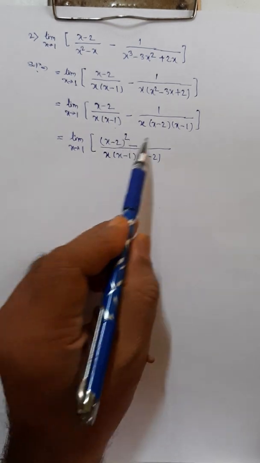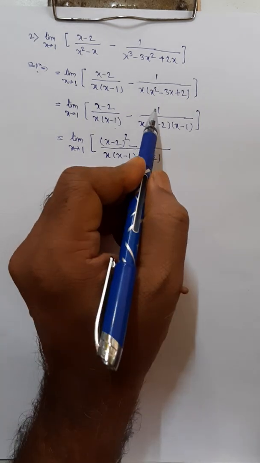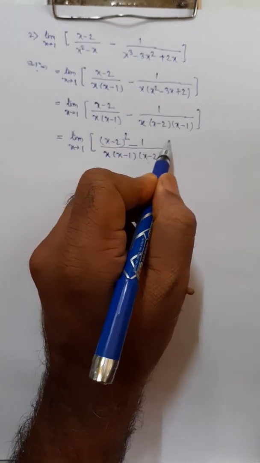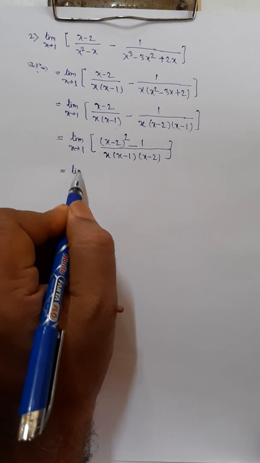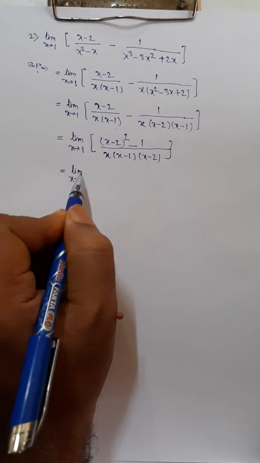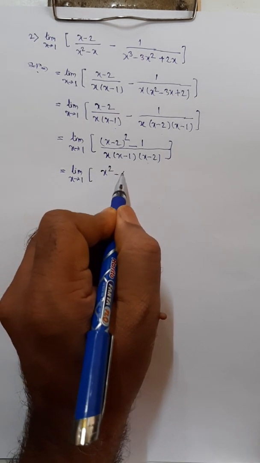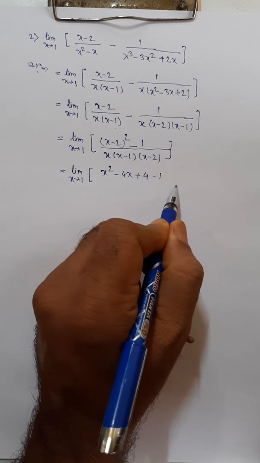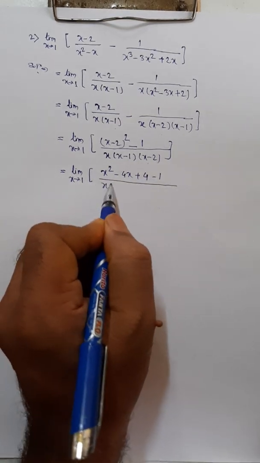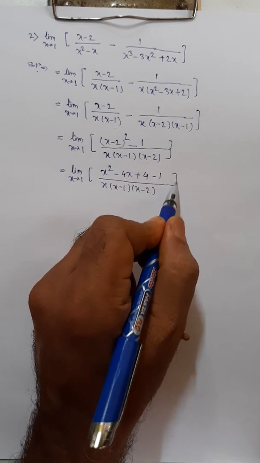See here, x cancels, x minus 2 cancels, x minus 1 cancels, we get 1, and 1 into 1 is 1, that is the numerator. So it is equal to limit as x tends to 1, after expansion, x square minus 4x plus 4 minus 1 divided by x, x minus 1, x minus 2.